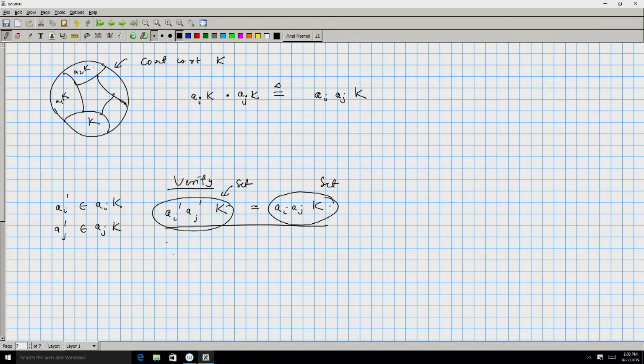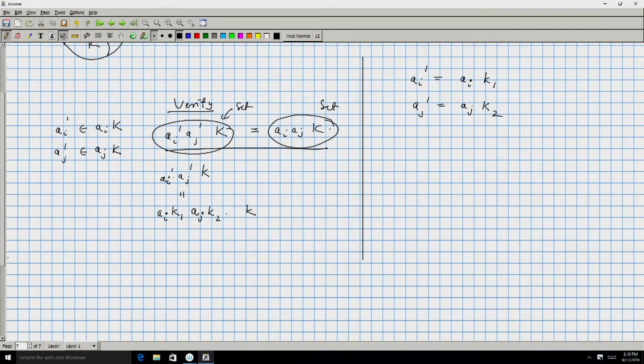Okay. So, an arbitrary element of the LHS is Ai prime Aj prime k. Now, note that Ai prime is equal to Ai into k1 and Aj prime is Aj into k2. And therefore, Ai prime Aj prime k can be written as Ai k1 Aj k2 into k.